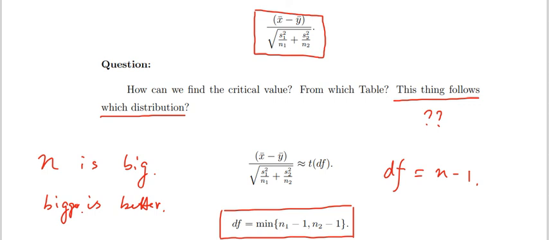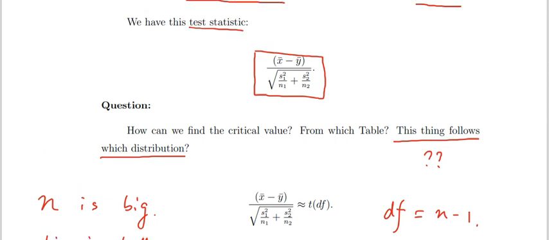The typical situation is if S1 and S2 are the same, we can take the S squared outside, so this becomes SP, then 1 over n1 plus 1 over n2.